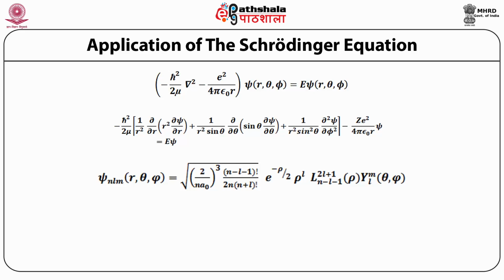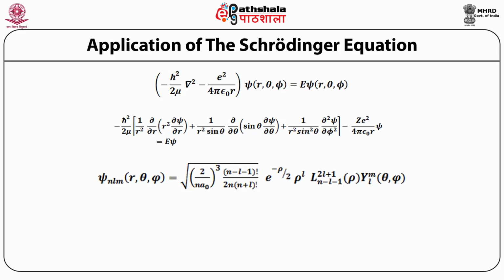So this whole multiplied by e to the power minus ρ by 2 multiplied by ρ^l multiplied by the Laguerre function, that is L_{n-l-1}^{2l+1} as a function of ρ, multiplied by Y_l^m as a function of θ and φ, where ρ is equal to 2r by n a₀, and L_{n-l-1}^{2l+1}(ρ) is the generalized Laguerre polynomial of the order of n minus l minus 1, and Y_l^m(θ, φ) is the spherical harmonic function of degree l and order m.